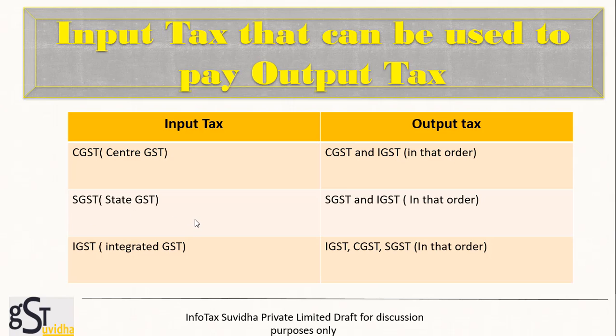Again, you can use that SGST to pay SGST and IGST in that order. If you purchase any goods or avail any service from a different state, then you may have paid IGST. So you can use IGST to pay off IGST, CGST and SGST in that order.